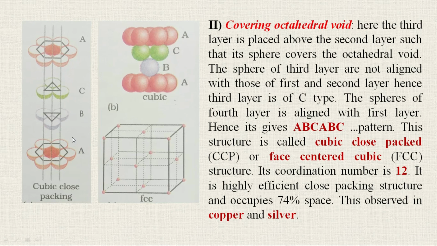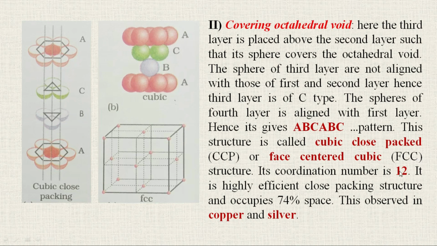But if I put a first layer below the second layer, which is identical to this fourth layer, here we are going to get an ABC pattern of crystal structure, and this particular structure is called cubic close packing structure, that is called CCP, or face centered cubic structure, that is FCC.